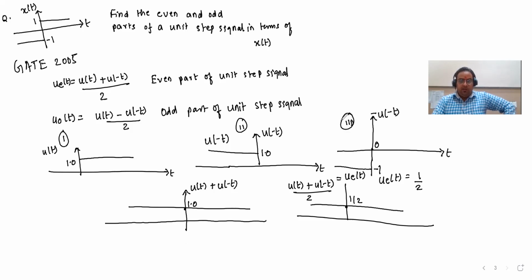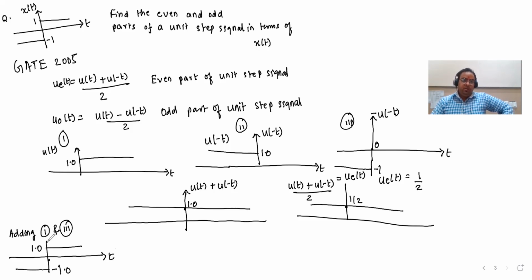When I try to add the first and the third waveforms, I'll simply get this kind of waveform where this value is minus 1.0 and this value is 1.0. This is varying with time, and the y-axis is basically u of t minus u of minus t.